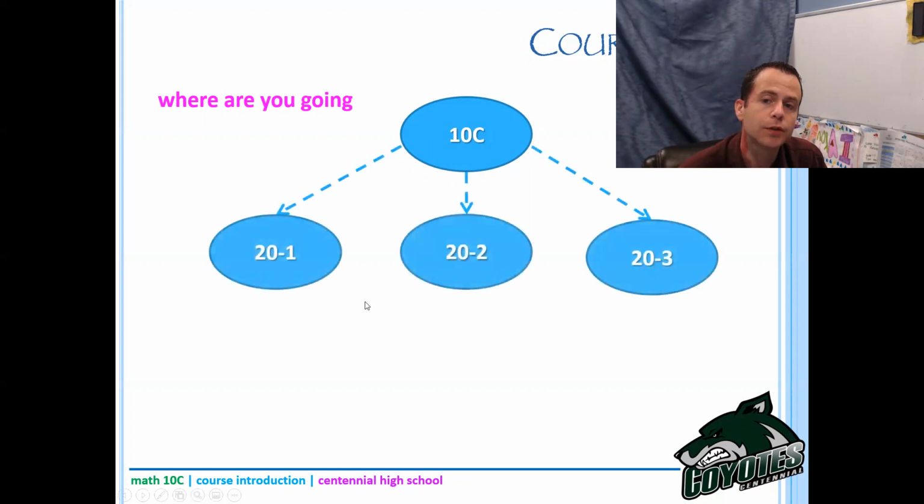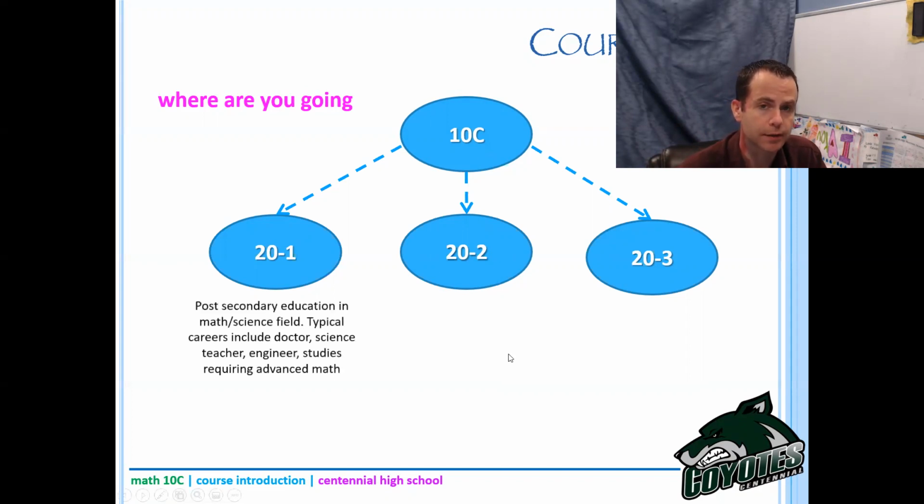So from 10C, you're thinking about whether you're going to head to 20-1, 20-2, or 20-3. Now 20 just refers to a grade 11 course. So we're looking at a grade 11 math course in either the -1, the -2, or the -3 strand. Why would we want to choose between these three strands?